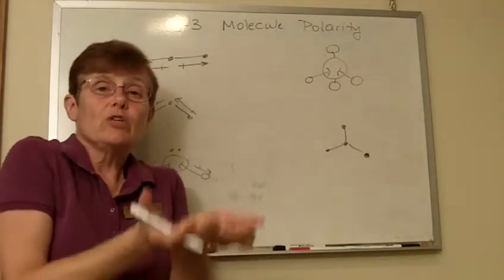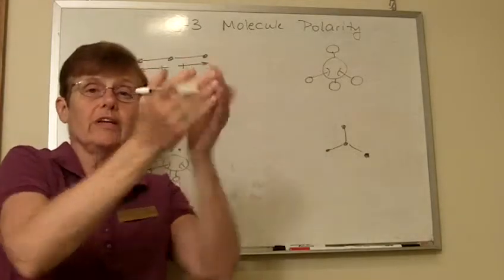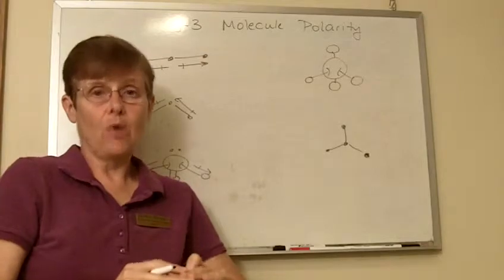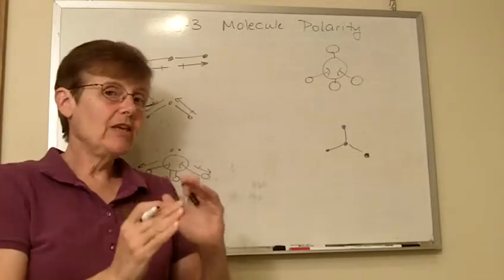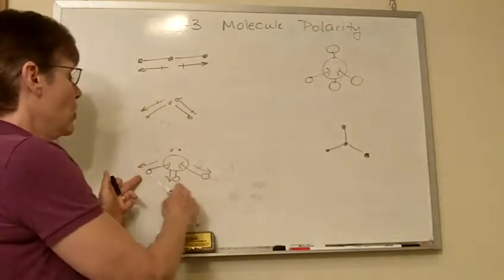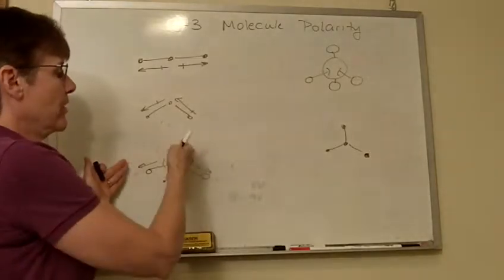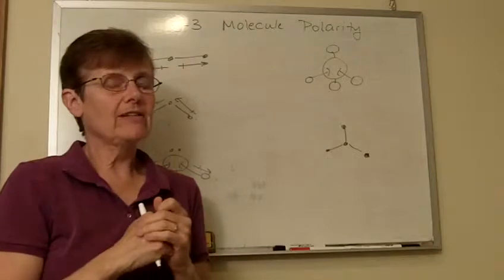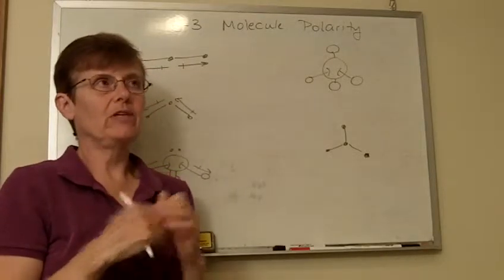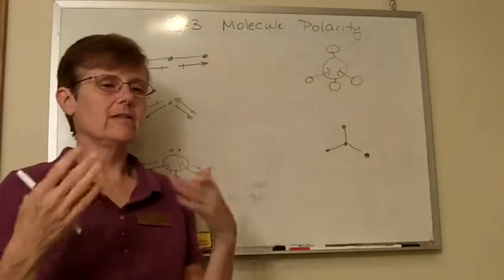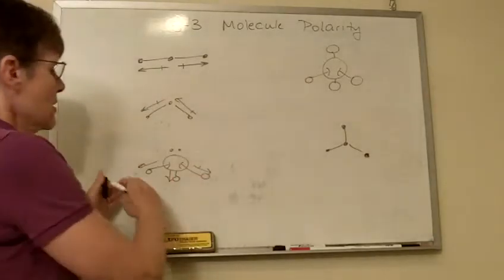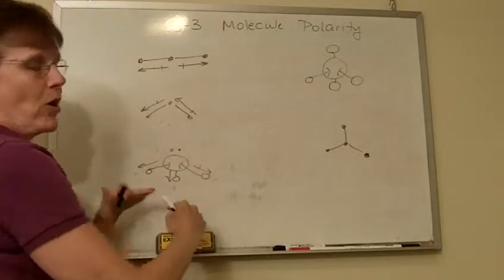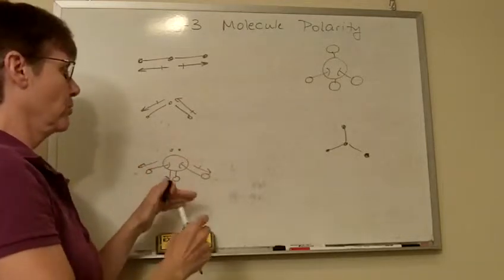If electrons are being drawn to the top, or if they're being drawn to the bottom, either way we're going to call that a polar molecule. Now, if we did have a situation where these were not all the same, and maybe some are going this way and some are going that way, then probably overall that's not going to be very polar. But I wouldn't give you something like that this year because that's a little too much. So in these cases, we'll have all atoms the same, and if the bonds are polar, then that's going to end up being a polar molecule.